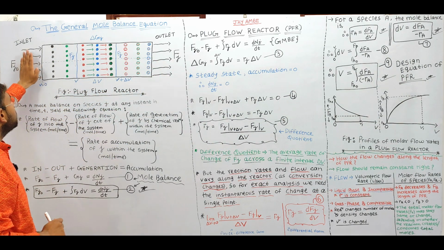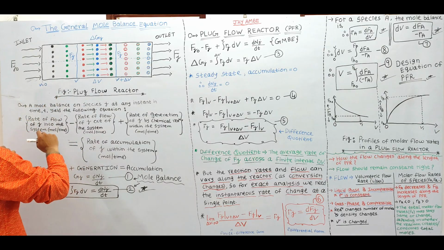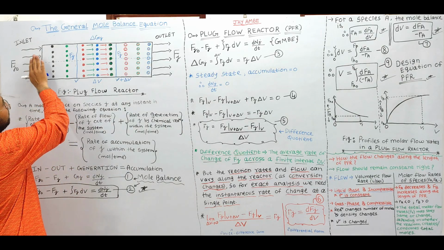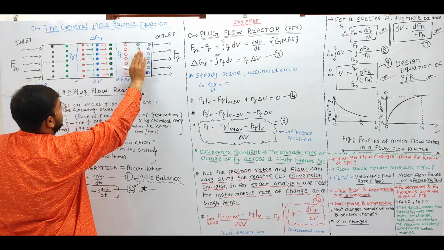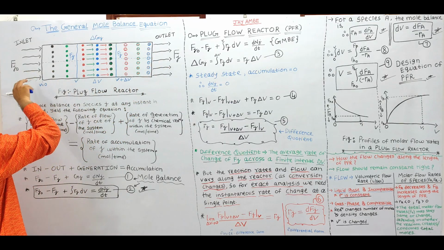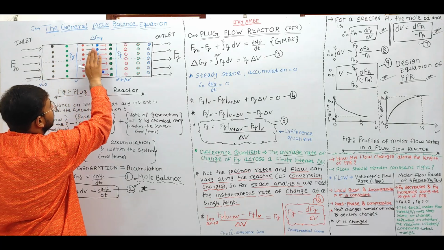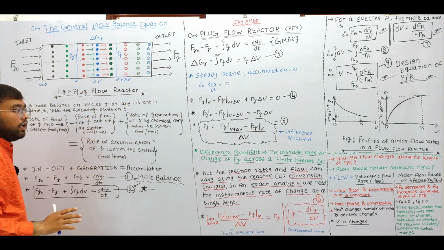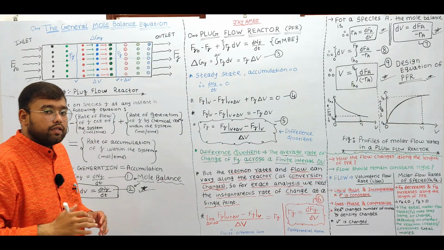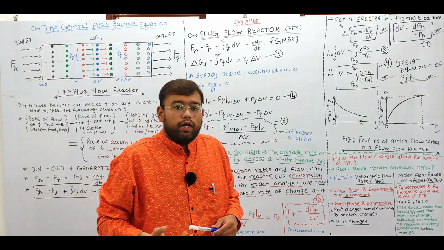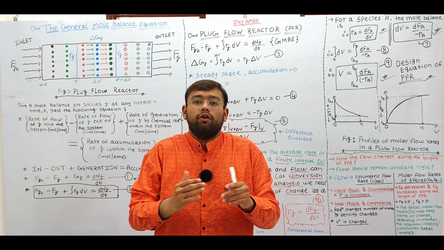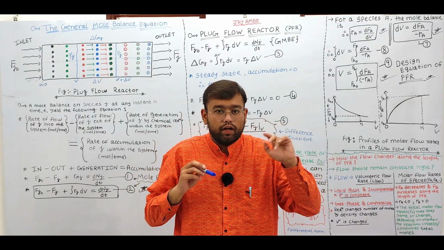In the first minute, 10 liters of fluid flow through the reactor, and in the second minute, another 10 liters. This is called the volumetric flow rate.